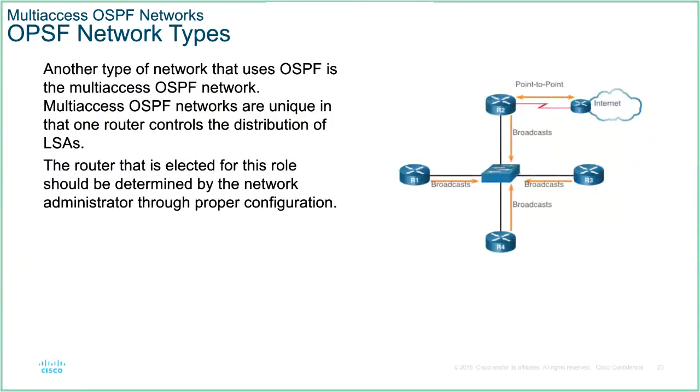This is a multi-access environment, and between these devices, they need to determine who's going to be the one controlling updates, and this allows us to have efficient communication between all the devices and limits the impact of changes within the area, as far as flooding out various updates and link states and so on and so forth.